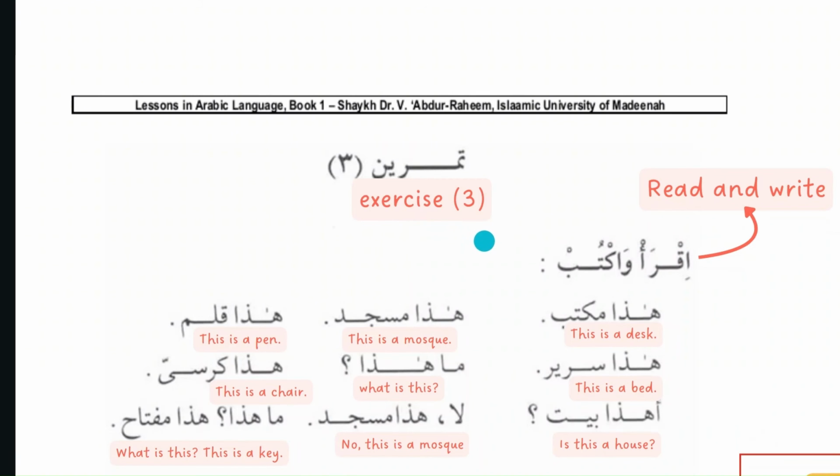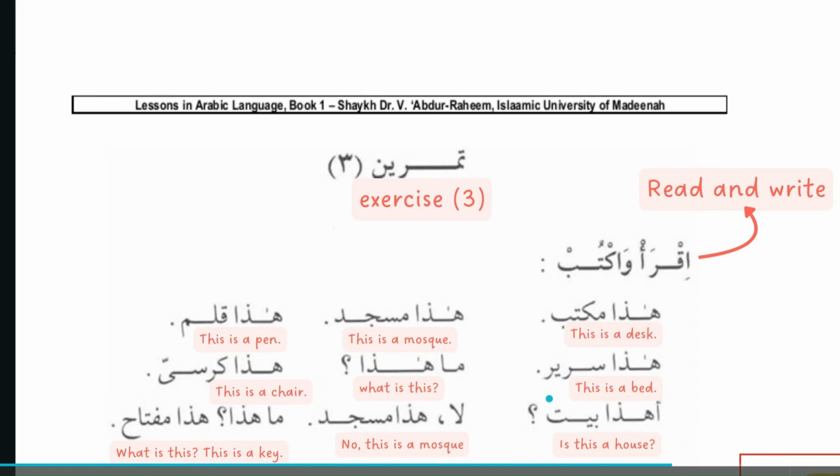Exercise 3. Iqra waktub. Read and write. Hadha maktabun. This is a desk. Hadha masjidun. This is a mosque. Hadha qalamun. This is a pen. Hadha sarirun. This is a bed. Ma hadha?